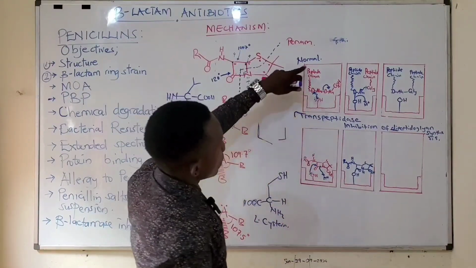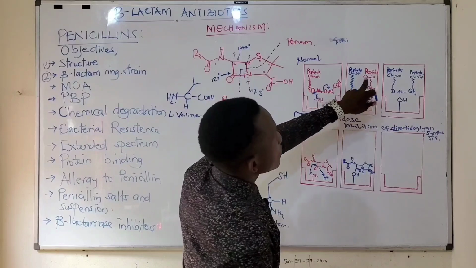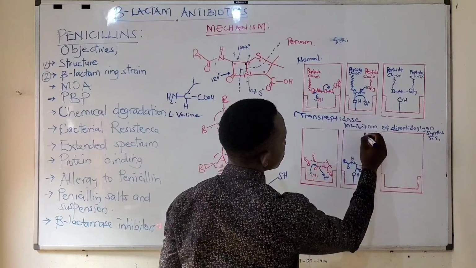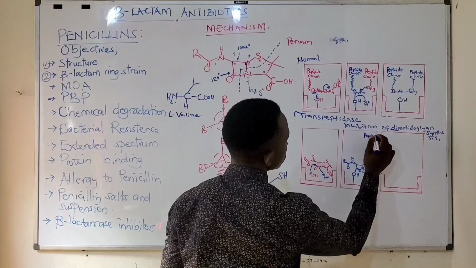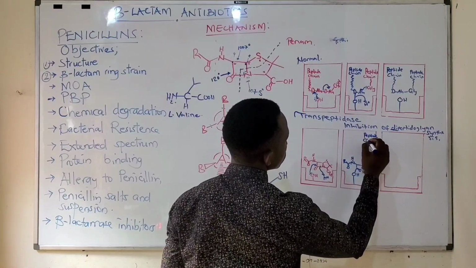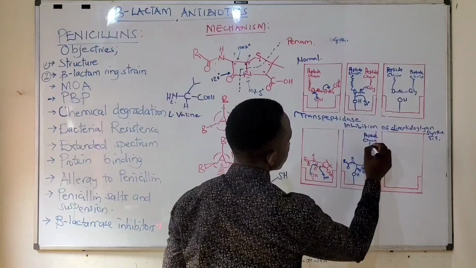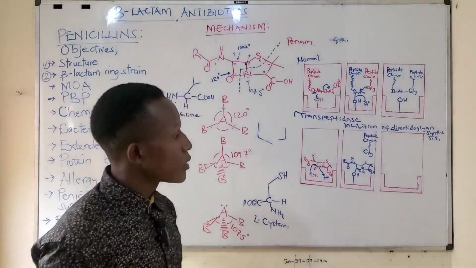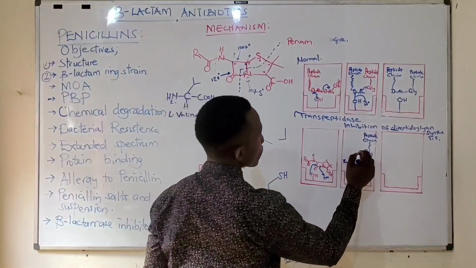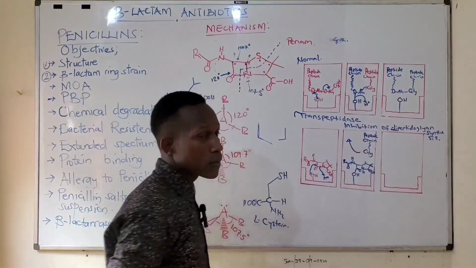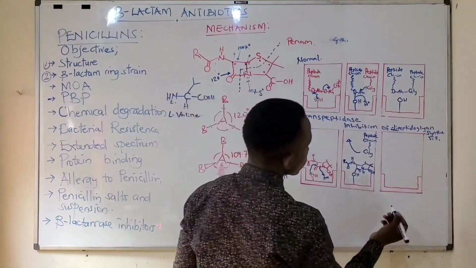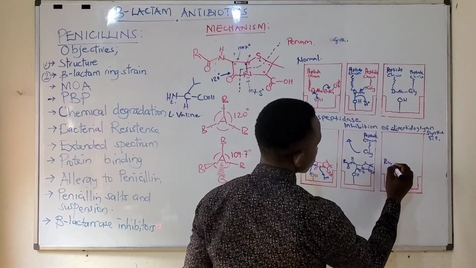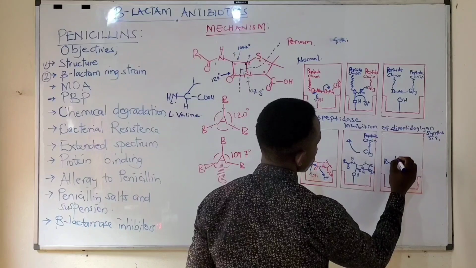Now this peptide which had glycine will not be able to bind now. The peptide chain which has glycine, where will it bind? Nowhere. So it is inhibited.